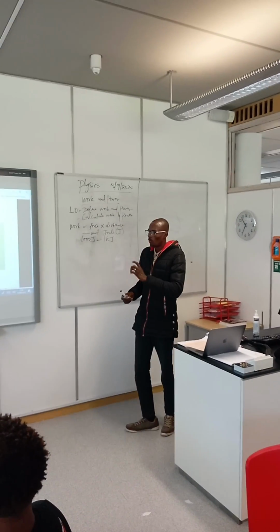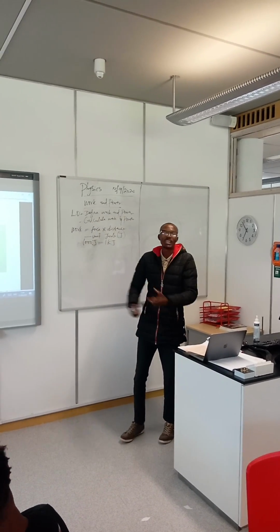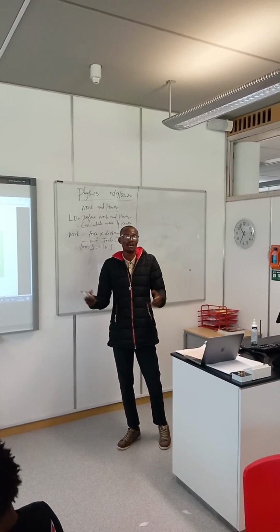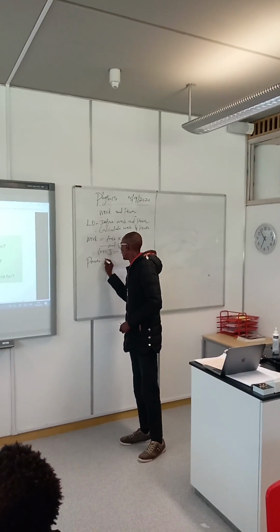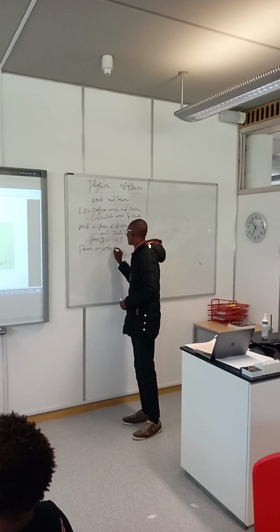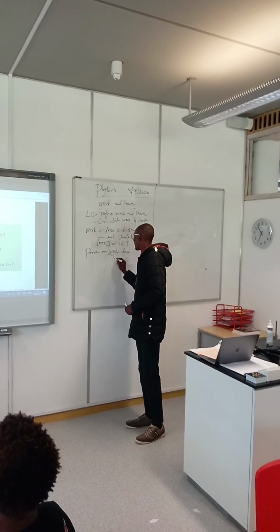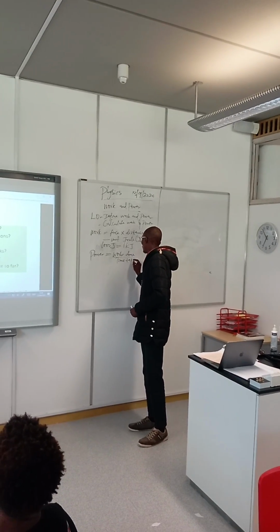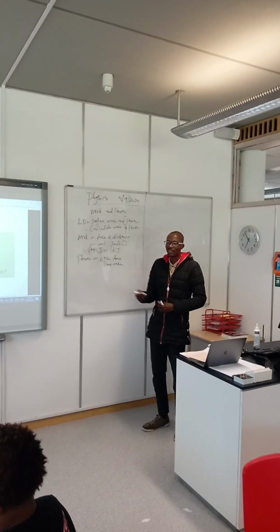Then the work I have done divided by the time taken for doing that work gives me the power. That is to say that mechanical power is equal to work done over time taken to do the work, or energy used over time taken.